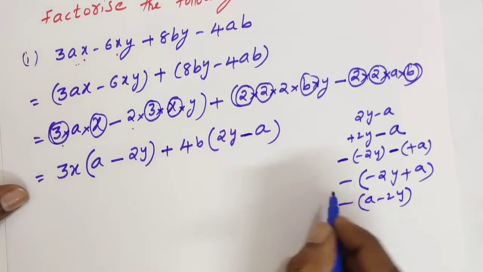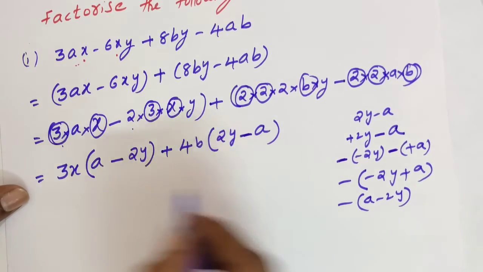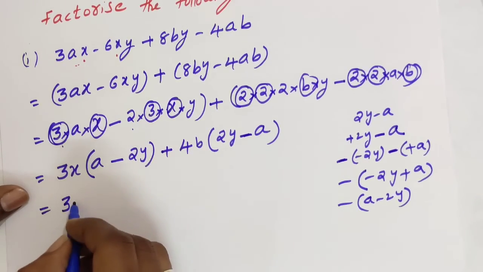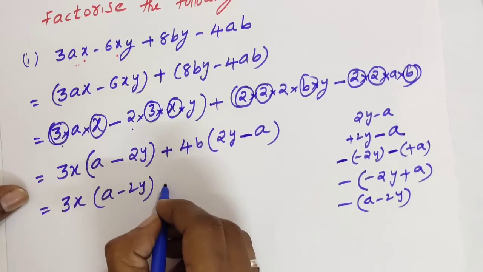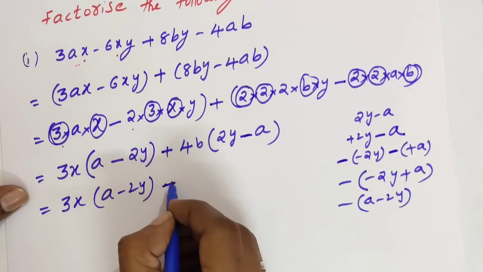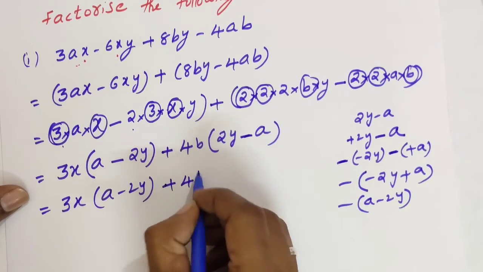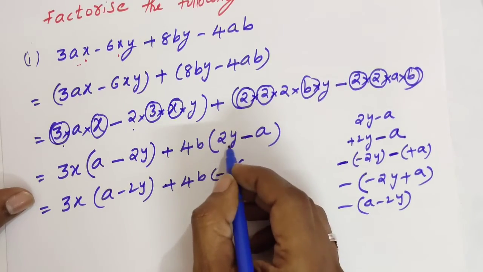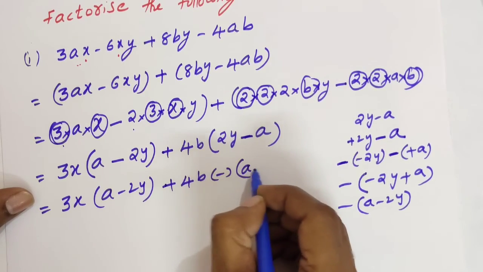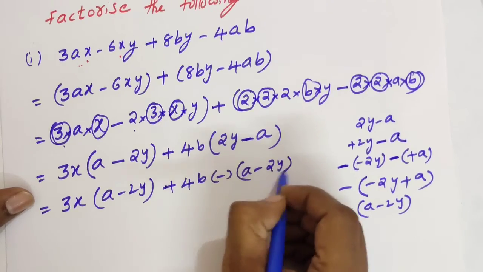So again you can write minus of a minus 2y. So that's why here the 2y minus a can be written as, first write 3x a minus 2y as it is. So by taking minus common from both of these, this 2y minus a is reversed, that is a minus 2y.